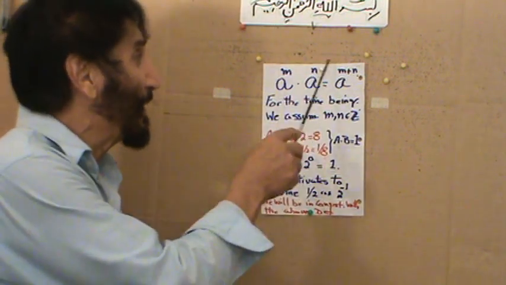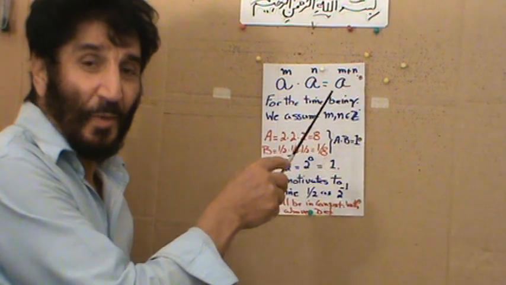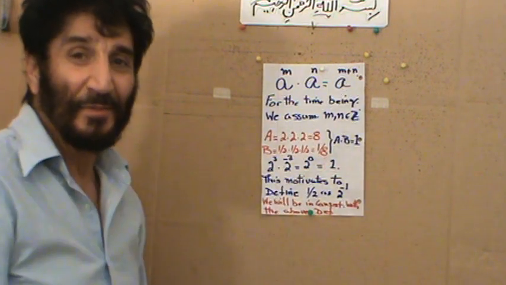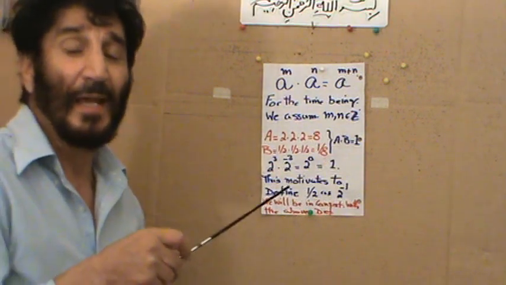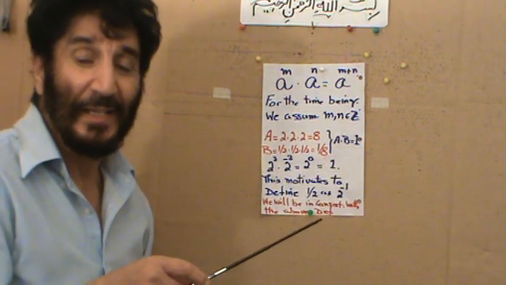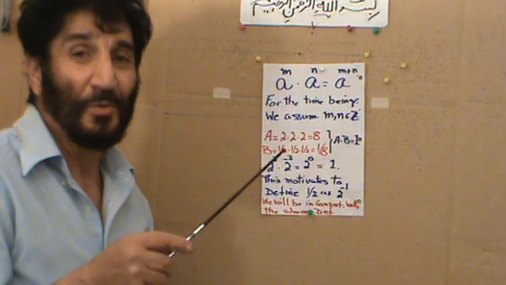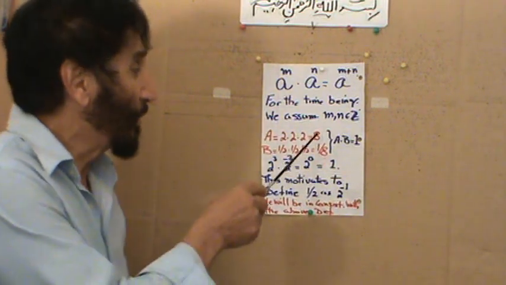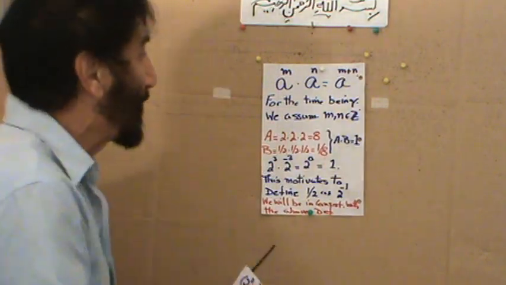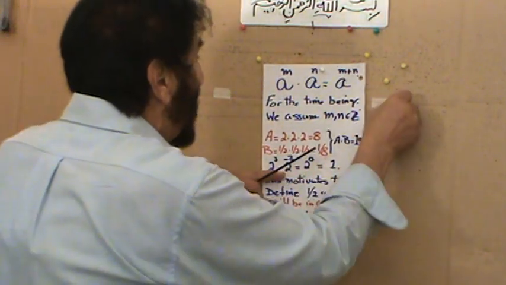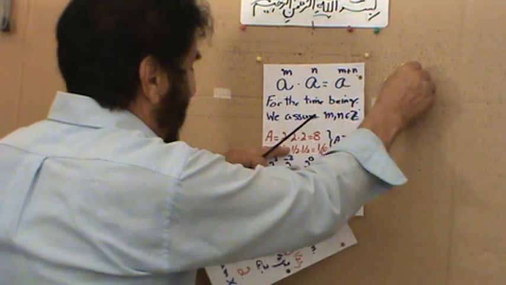Then we can apply this rule, which is 2 to the negative 3. Then 2 to the 3 times 2 to the negative 3 is 2 to the 3 plus negative 3, which is 2 to the 0, and 2 to the 0 equals 1. So they are multiplicative inverses. You can see that 2 to the 3 and 2 to the negative 3 are multiplicative inverses of one another.